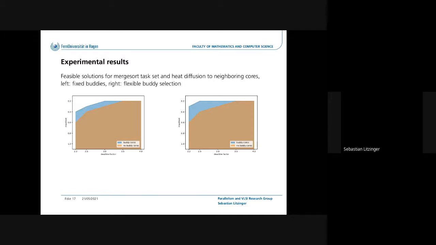So where the scheduler decides which group is bodied with another group, and also decides on the length of the idle periods in rounds where the specific core does not execute the hot task it is assigned. And you can see that, again, you can squeeze out some more feasible solutions here in the top left corner.